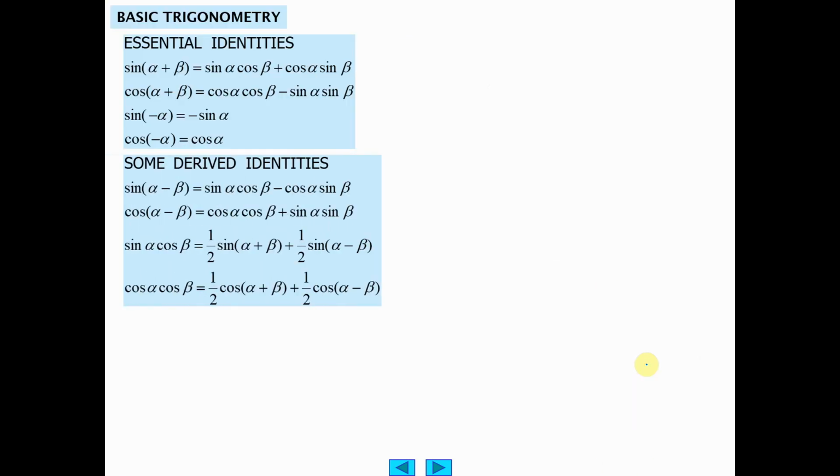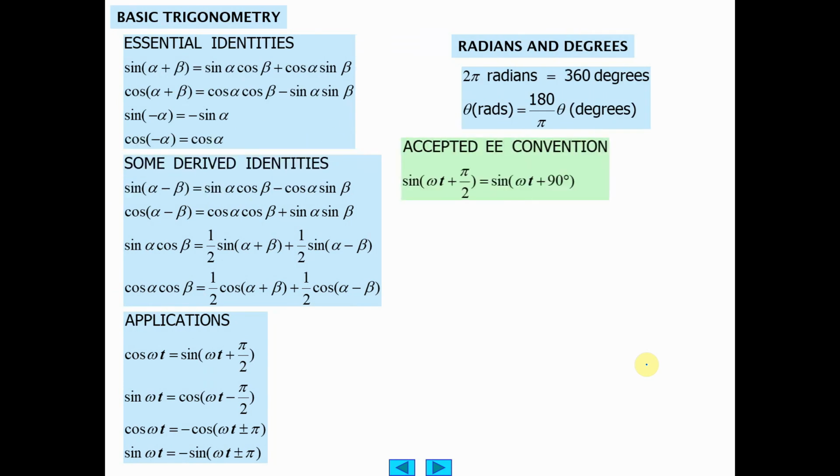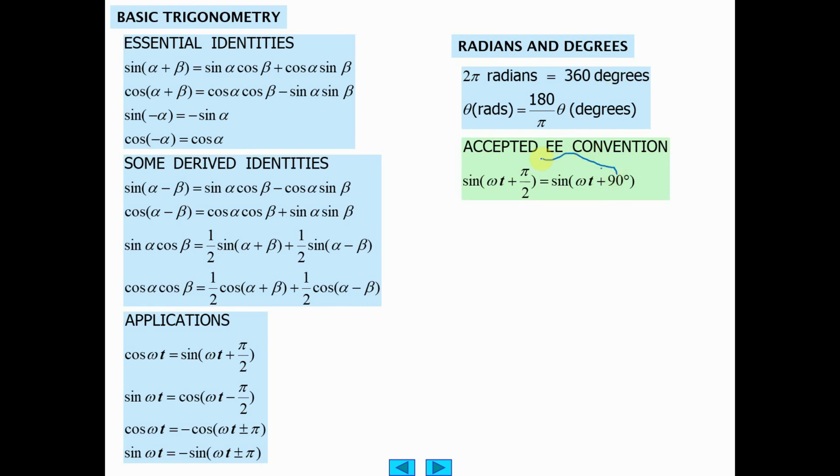Essential identities. Go through it quickly. One thing about convention, this is probably the most important thing on this slide right here. It's just a convention. Sometimes you'll see expressions written this way, sometimes this way. So omega is always in radians per second.